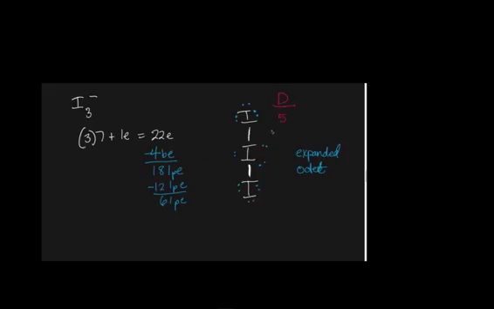So right away, you should be able to tell me my electron pair geometry. What is it? Trigonal bipyramidal. Very good. Okay, now looking at the bonding domains versus the lone pair domains, how many bonding domains do I have? 2.